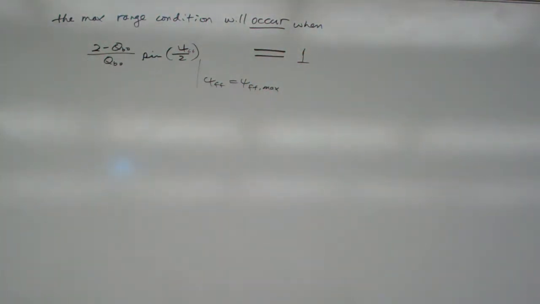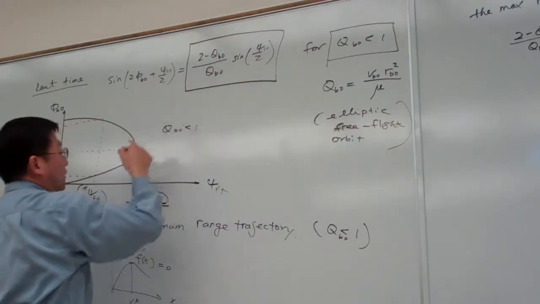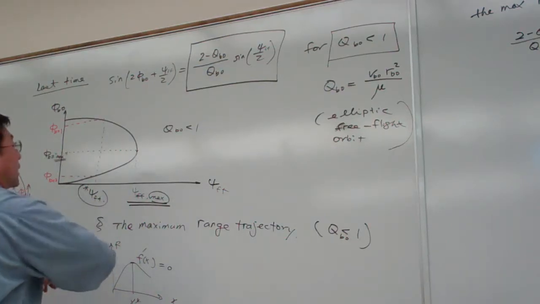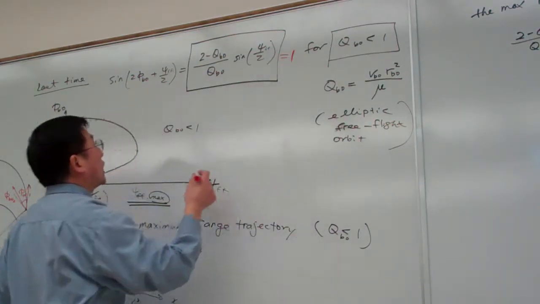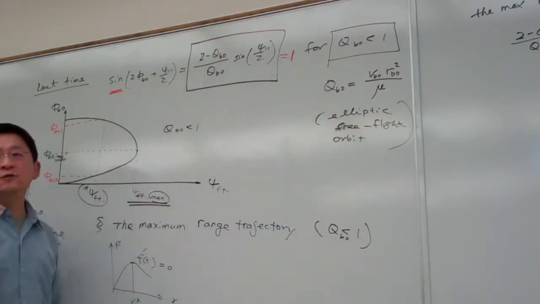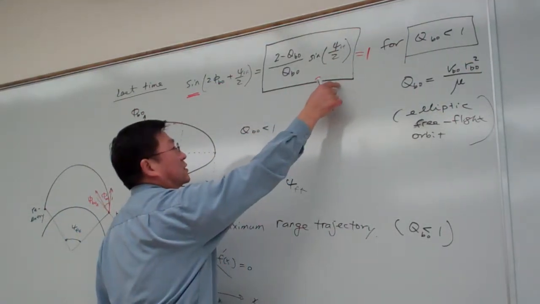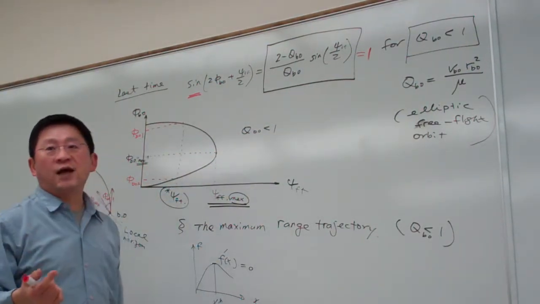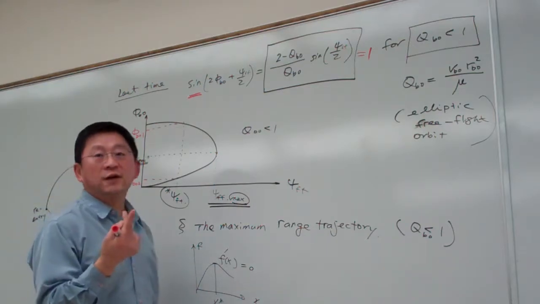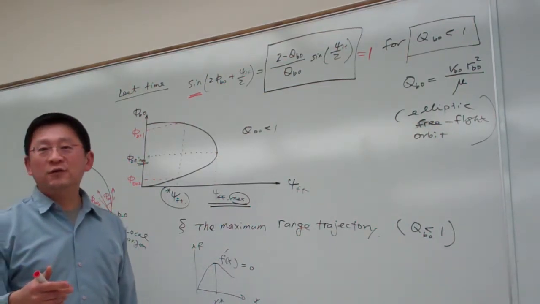If we set this equal to 1, then when we take arc sine of 1, we only have one unique solution. If this number is less than 1, then taking the arc sine, we have two solutions, right? You know the logic. Good?